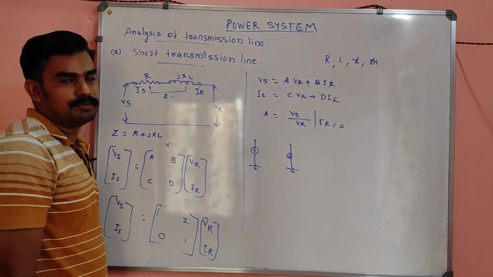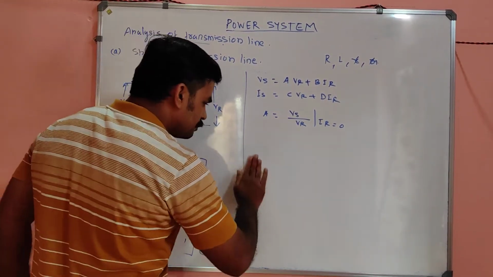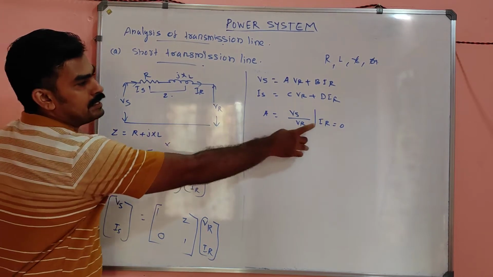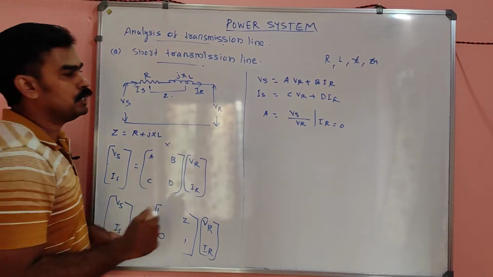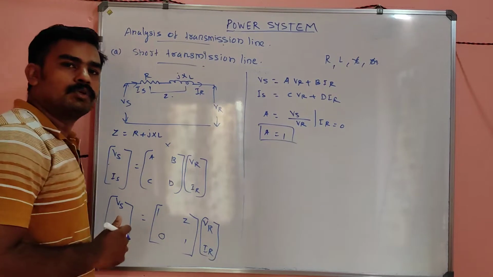So as far as the transmission concept, my dear, if IR is equal to 0, A equals Vs by Vr. If Vs and Vr are equal, you can simply say A equal to 1.